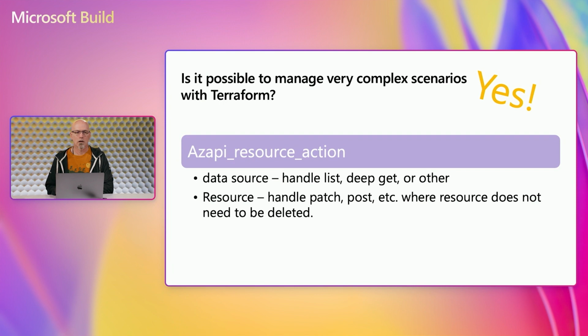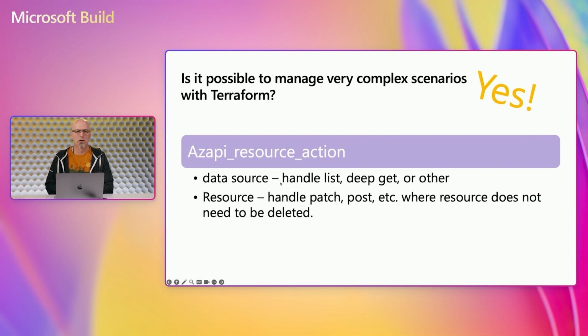So things like doing a start of a VM or those not declarative or end state things. It's I want to reboot the machine or something along those lines. So it gives you the ability to do some of those actions.